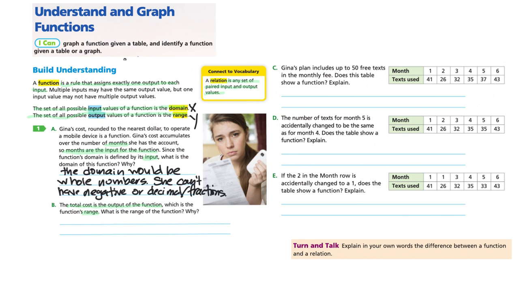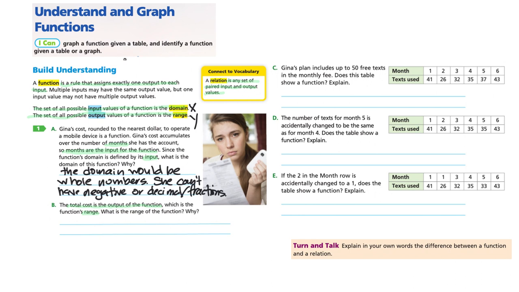So if you look back at the graph from the Spark Your Learning, that'll help you with this one. The total cost, the startup cost was 100. So then it goes up in increments of 50. So it would be multiples of 50 greater than or equal to 100, because it wouldn't be just 50.